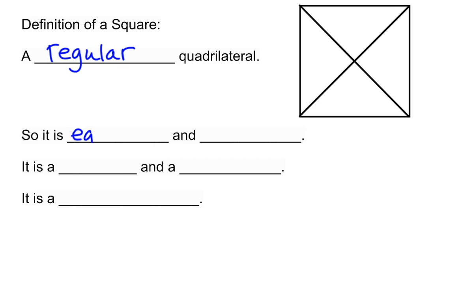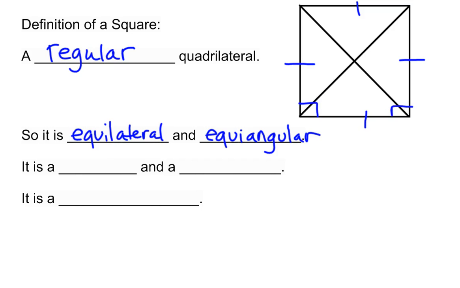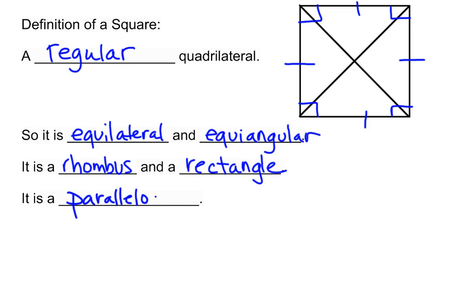It is equilateral and equiangular, which means all the sides are the same and all of the angles are right angles. It is both a rhombus and a rectangle, and it is a parallelogram. So we've got lots of information that we can put into a square.